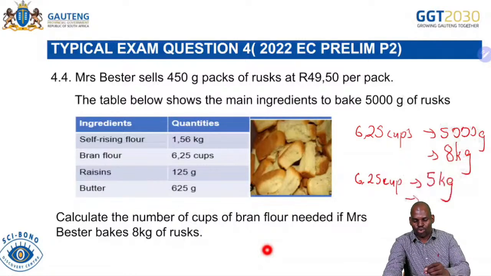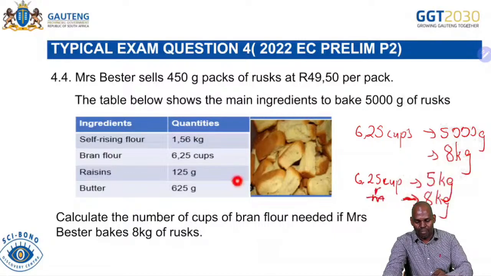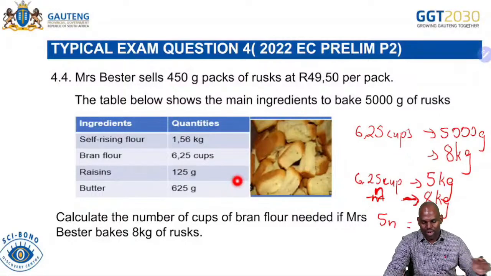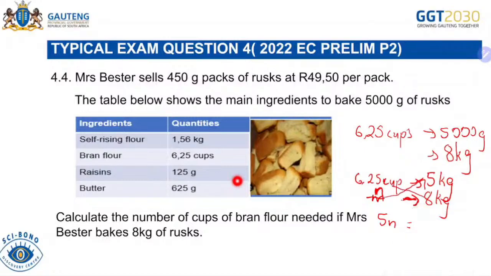Now I can compare this with 8 kilograms and cross multiply. Let's say N for the number of cups. N multiplied by 5 is 5N, and the other multiplication is 6.25 multiplied by 8. This will give us 50.